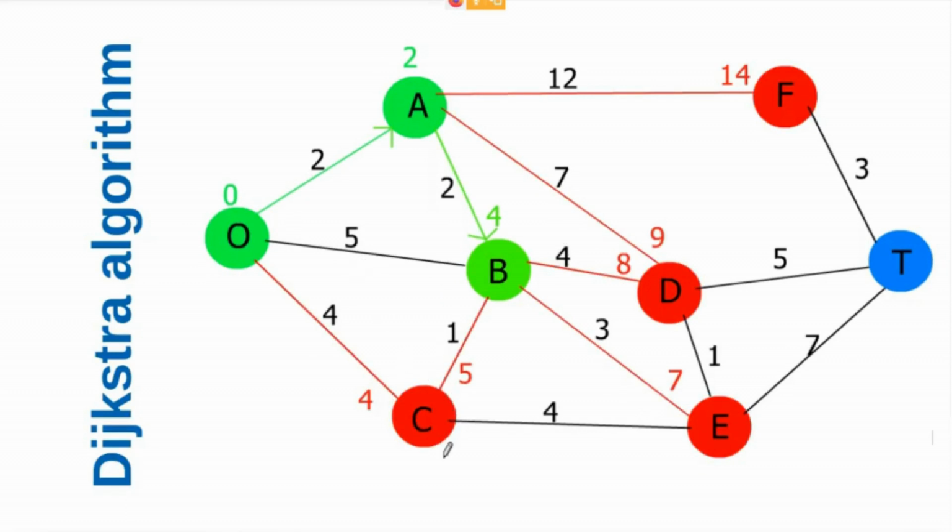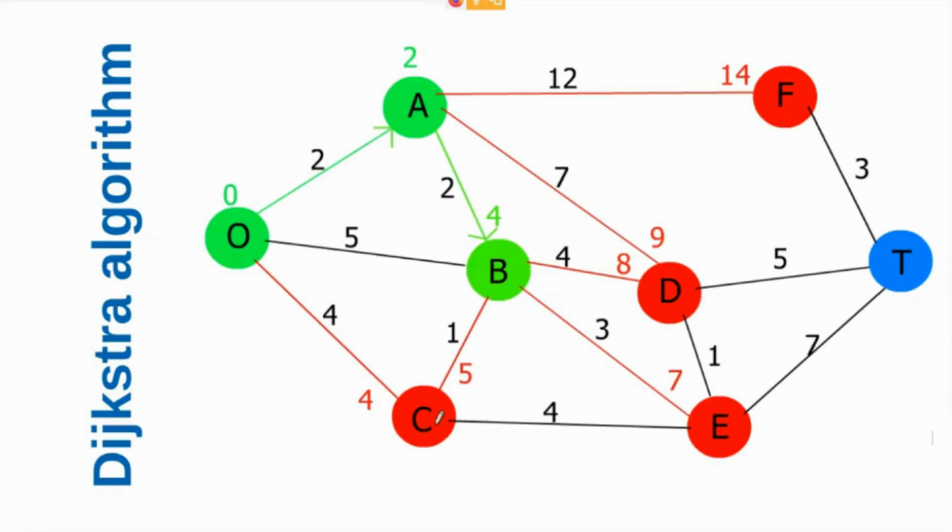Right, again, we repeat about the previous unvisited neighbors. Remember C, it has not been visited yet, right? F, because it's a neighbor of A. D, because it's a neighbor of A, and now a neighbor of B, because we have visited the B node.